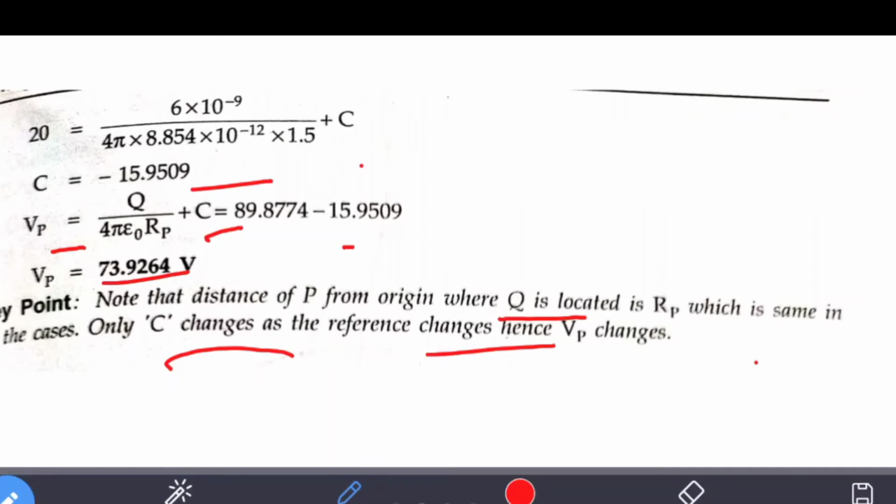After that, potential at point P due to another point: only C changes, that is the reference changes, hence Vp changes. This is the numerical problem.